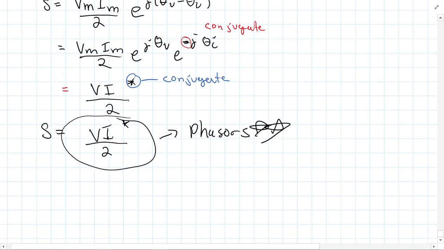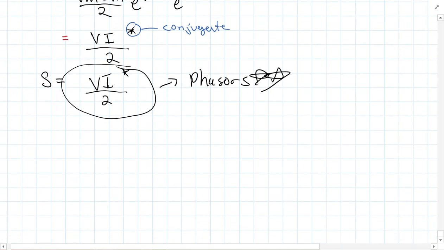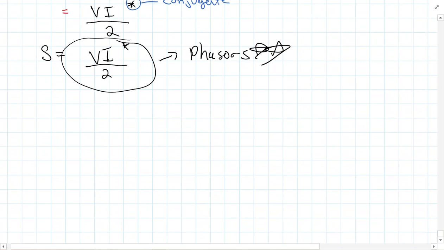I could say this is Vm at an angle of theta V, this is Im at an angle of negative theta I, and so I basically get that my complex power is equal to voltage times the conjugate of the current over 2, which we could rewrite as S is equal to V effective times I effective conjugate.